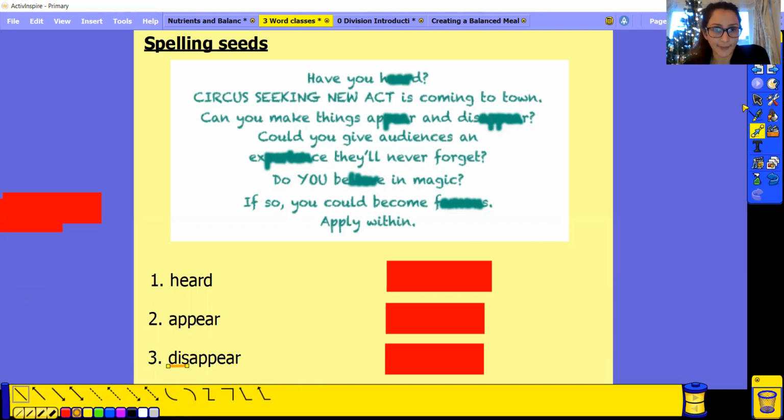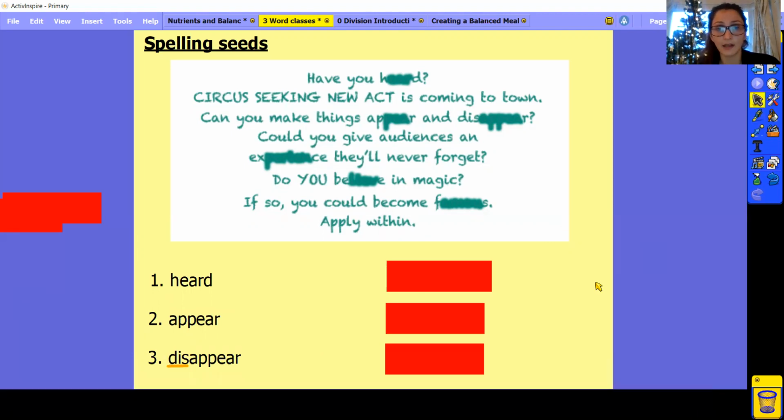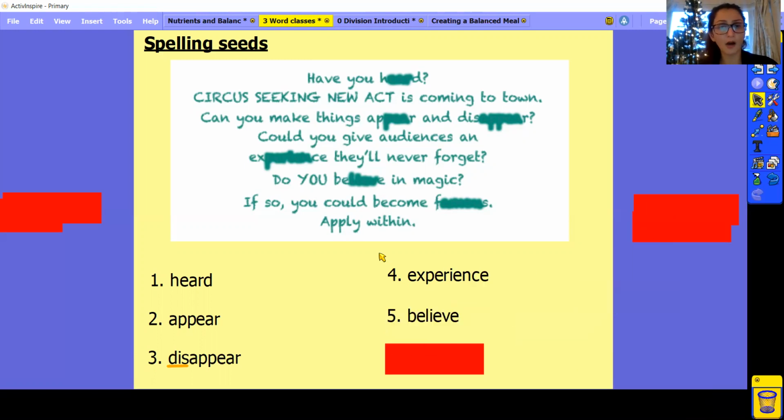So we've got the next bit. Can you give audiences an experience they'll never forget? So well done if you spelt it like this one. This one I think is the hardest one. Experience, really hard one. And then we've got our next one. Do you believe in magic?